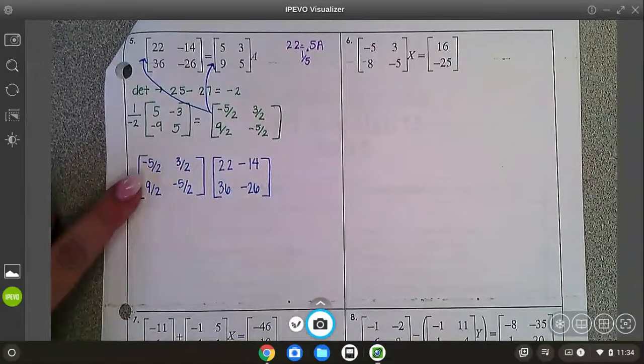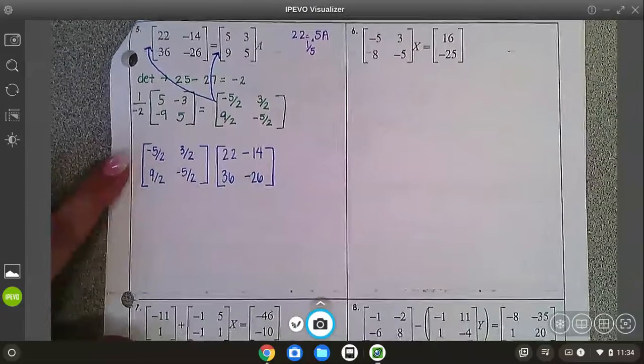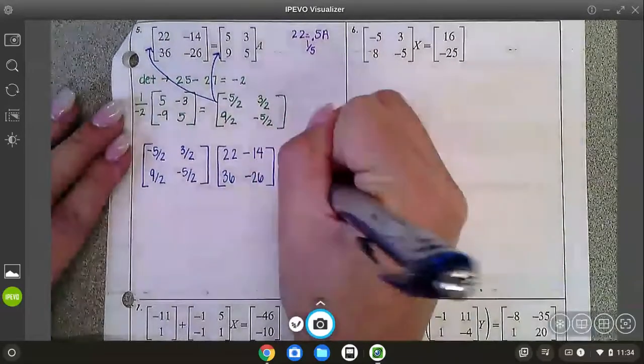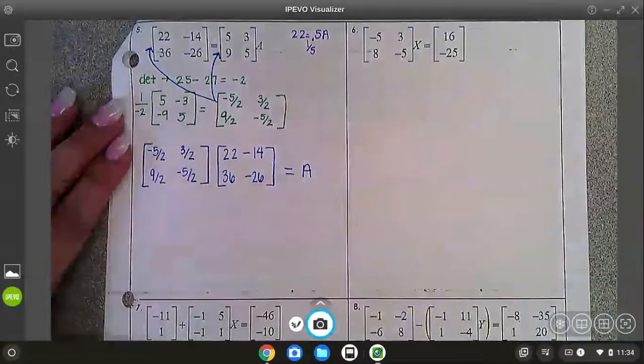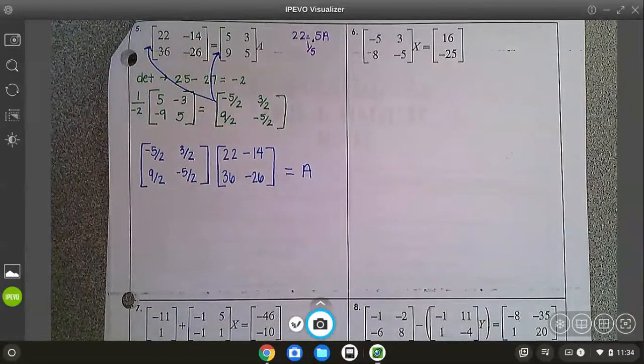For these, I'm okay with you just typing it in the calculator. You don't have to do this multiplication by hand. So we're going to type that in.